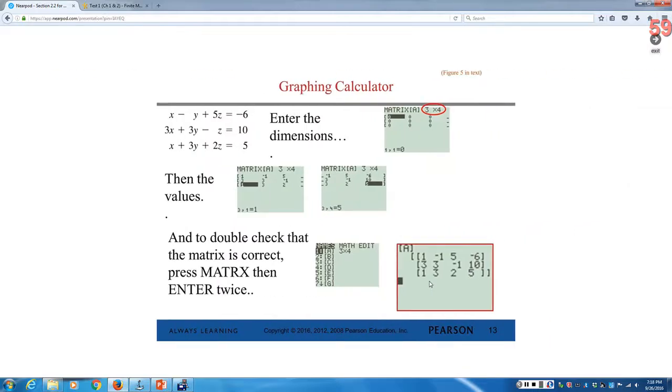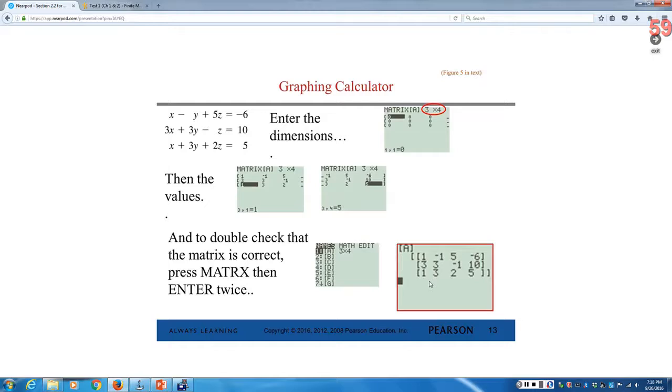You need to enter the dimensions of the matrix at the top. Rows by columns. Okay? Not the 1, -1, 5, -6, but the number of rows and then the number of columns. So we have 3 rows for the 3 equations and then 4 columns for the 4 columns of numbers. So just 3 and 4.